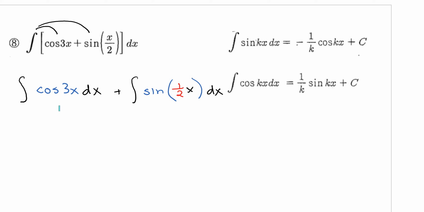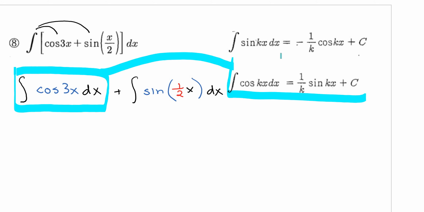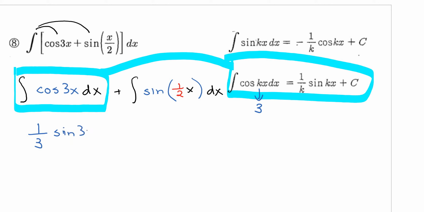Okay, so let's take a look at this very first integral right here. I can match that up with this formula right here. And the k value here is now going to be 3. So if I follow this, it should be 1 over 3 times sine of 3x, and that should do it for that particular part. And then I have a plus sign.